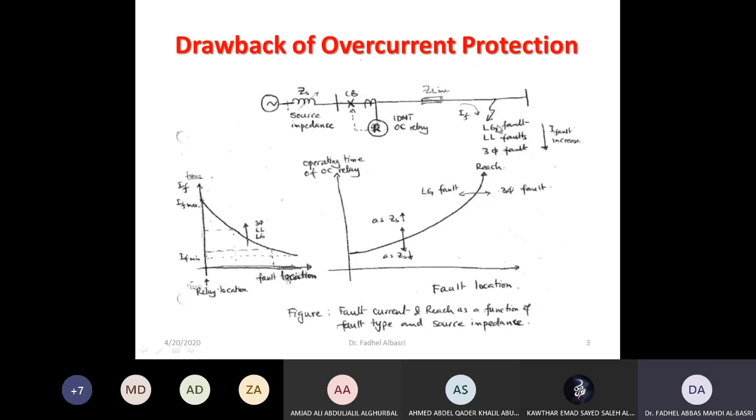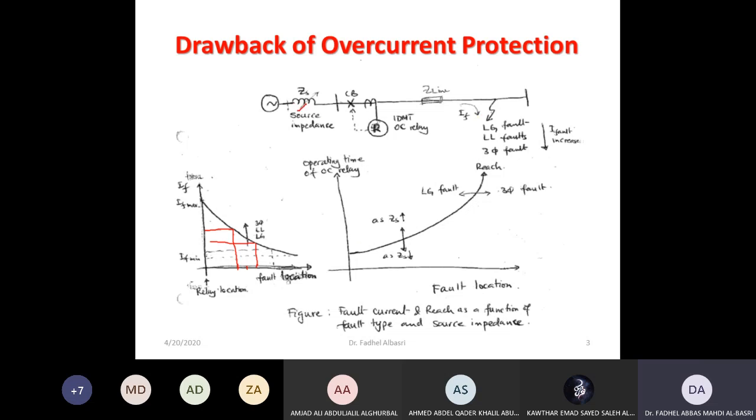So that means, although the fault is at the same location, because the fault current is at a different value, I will end up with a different operating time. So it doesn't give me a fixed operating time. Okay, this is one issue with overcurrent.